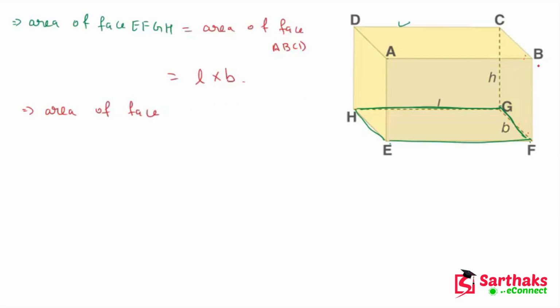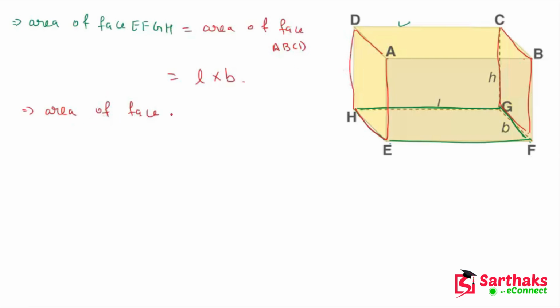Now similarly, the area of face BFGC, means we are talking about this face. The area of this face is equal to the area of AEHD. I hope you get this point, my dear friends.